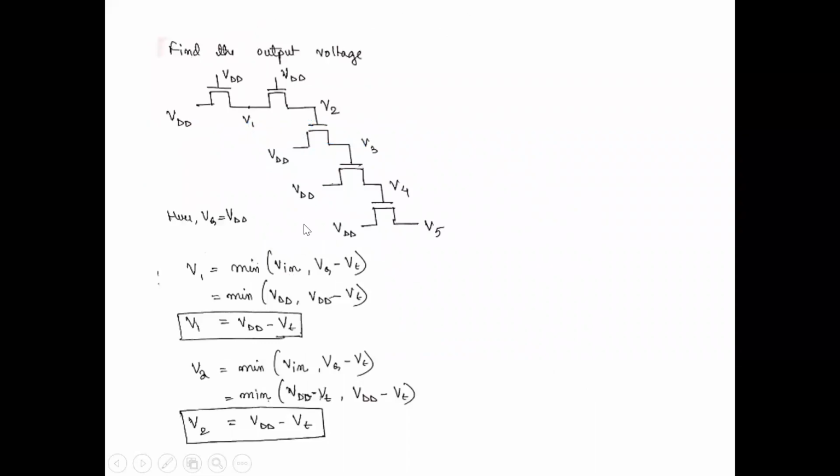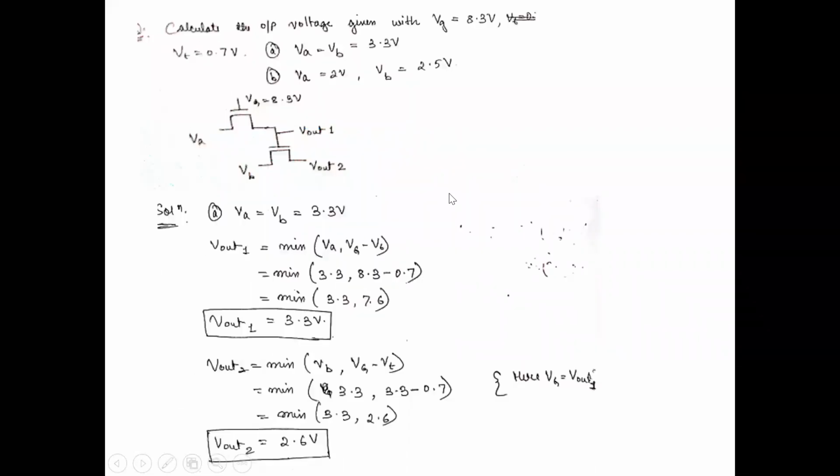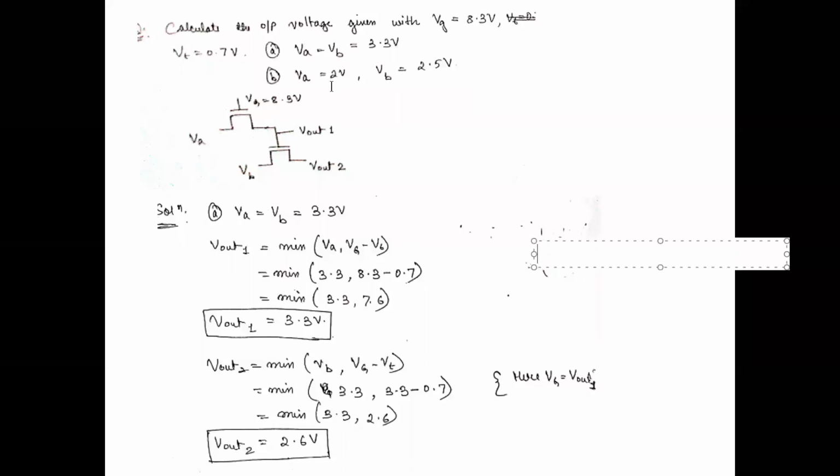What will be the output in the first case? In the second case, V out 1 will be the minimum of V in, which is VA, 2, and Vg will remain the same: 8.3 minus 0.7.